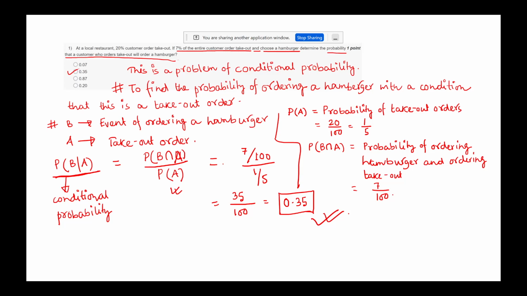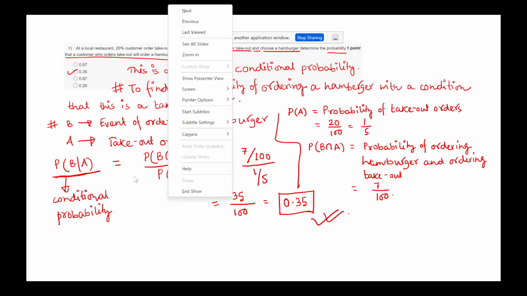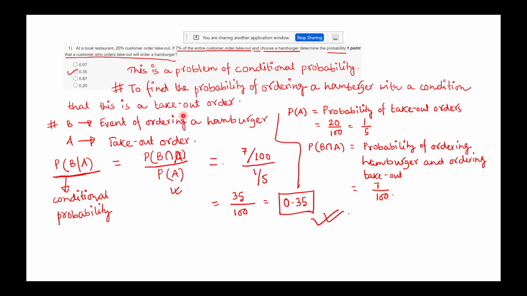So here the statement, the probability that a customer who orders takeout will order a hamburger, means the probability of ordering a hamburger given that the order is takeout.